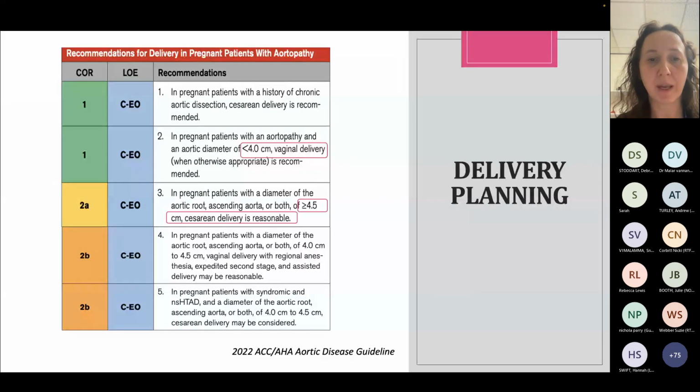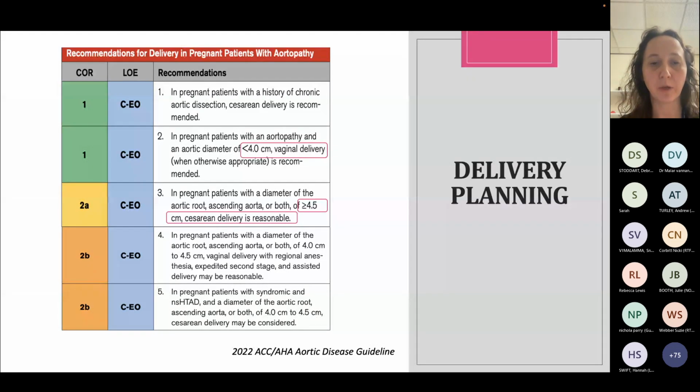So when we come to the delivery planning, in terms of the mode of the delivery, all patients that have a chronic aortic dissection should have the cesarean delivery. That mode of the delivery should also be seriously considered.